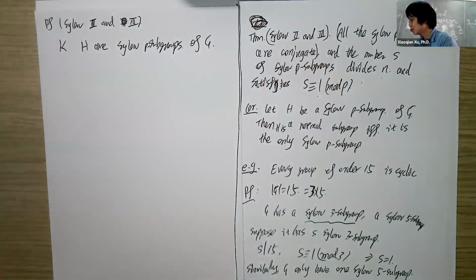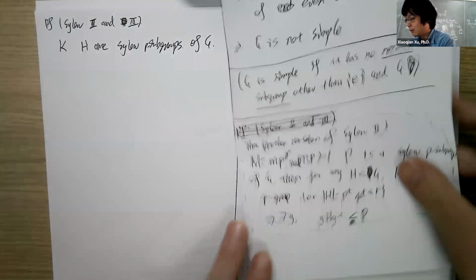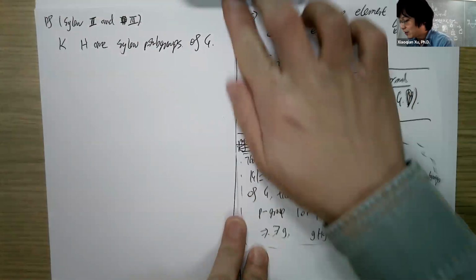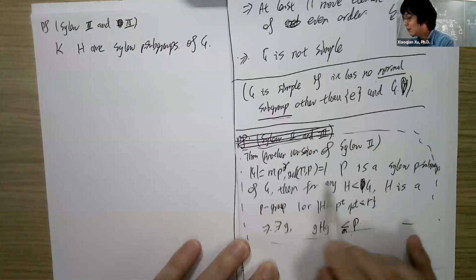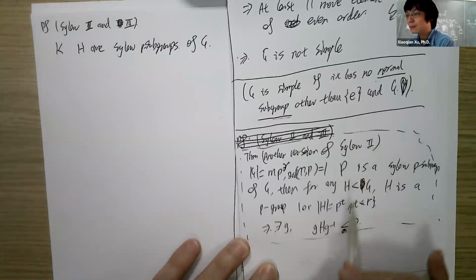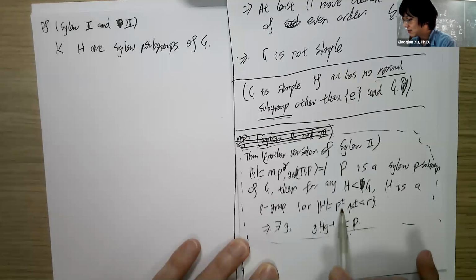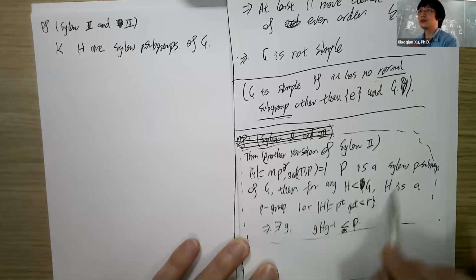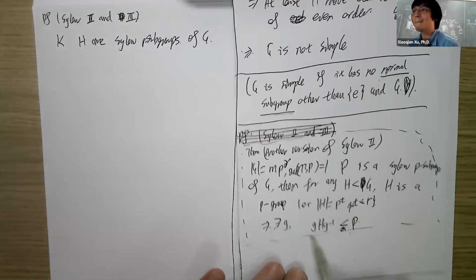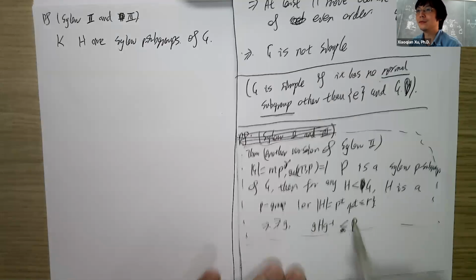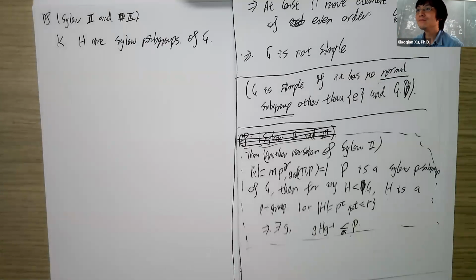Yeah, so this is another version of Sylow second, which says that even if you have some P group, it is conjugate to some subgroup of a Sylow P group. You have a Sylow P group, and then you have another P group.